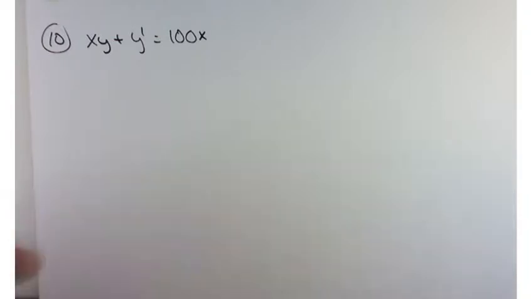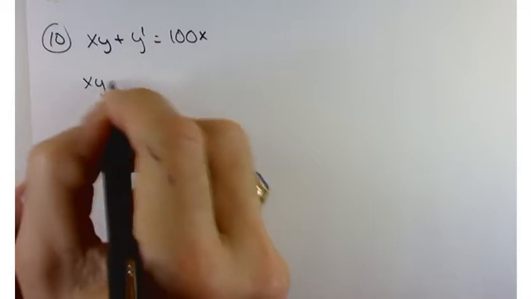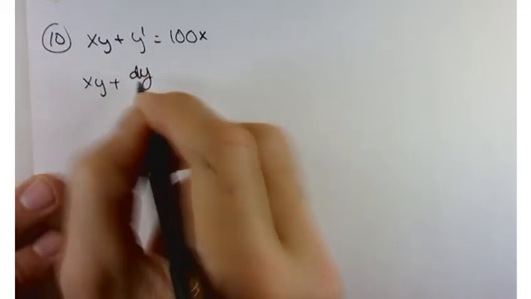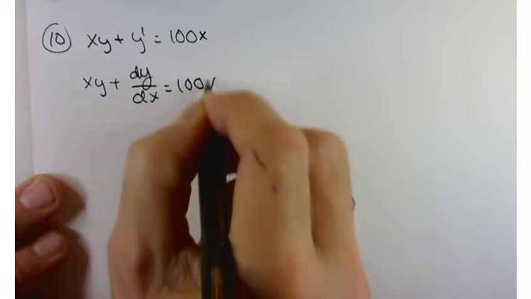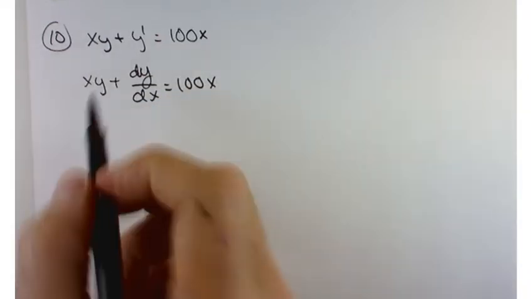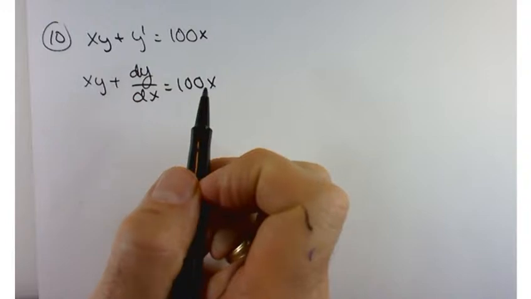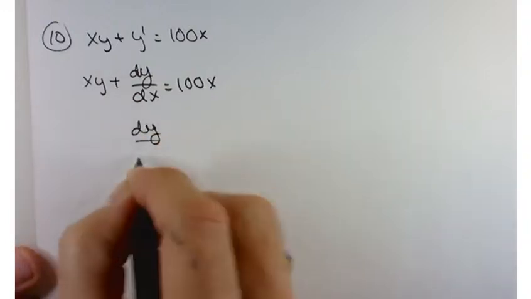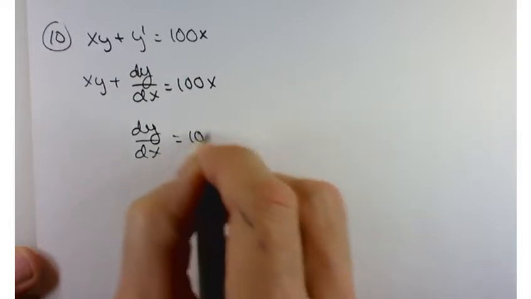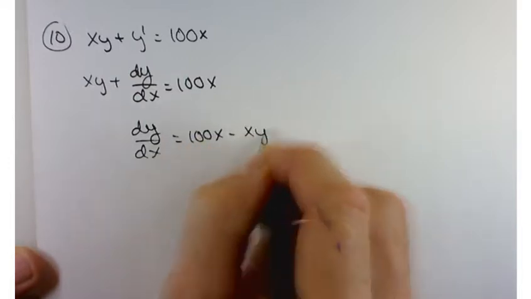So another way to view this one is xy plus dy dx equals 100x. I'm going to start by moving the xy term to the right-hand side. dy by dx is 100x minus xy.